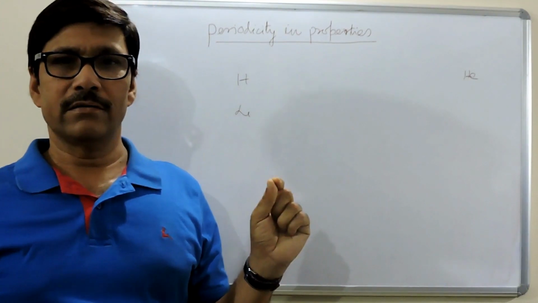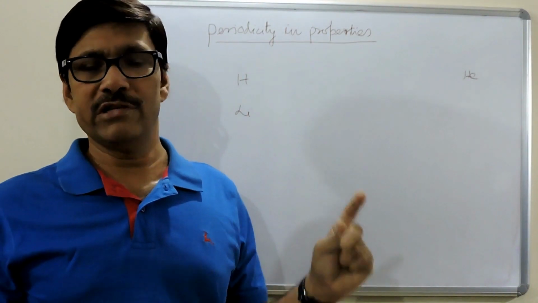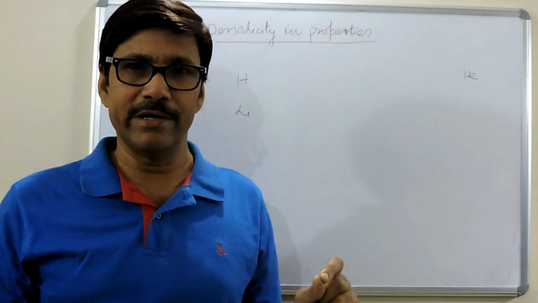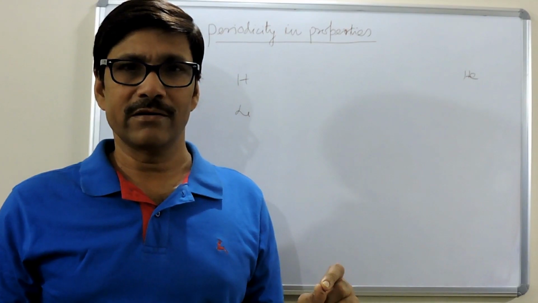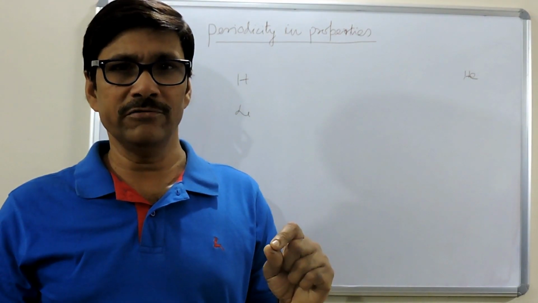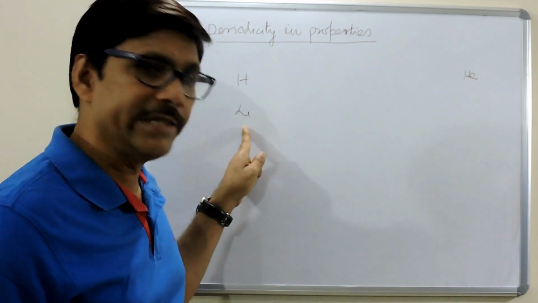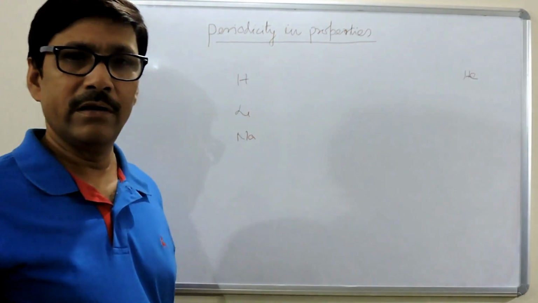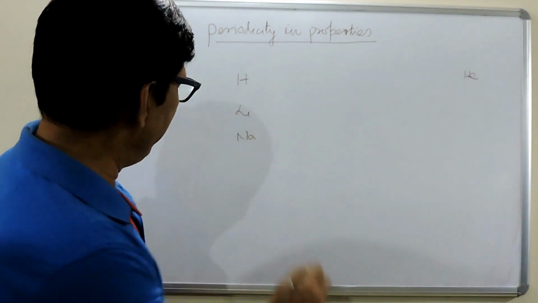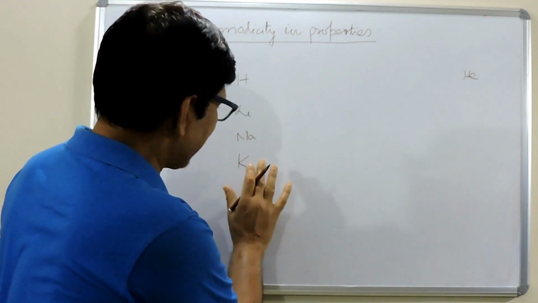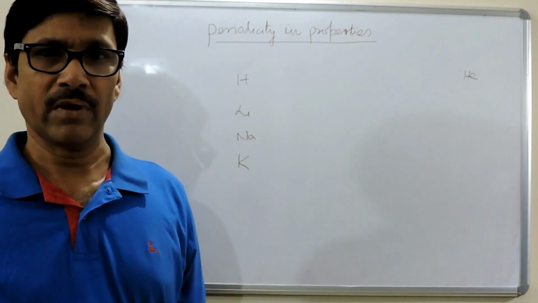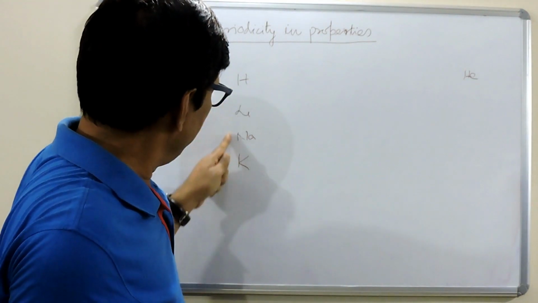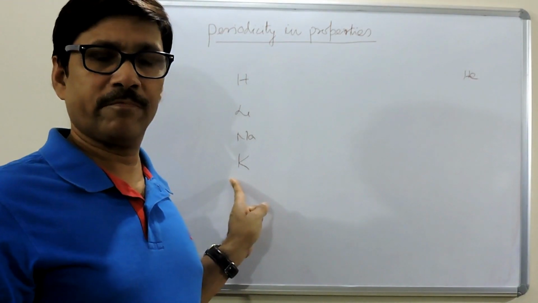Similarly, in the second period, in which we have 8 elements, after an interval of 8 elements, the ninth element will repeat the property of lithium, that is sodium. Similarly, sodium will repeat the property of potassium and so on. So all the elements of group 1 will have similar properties.